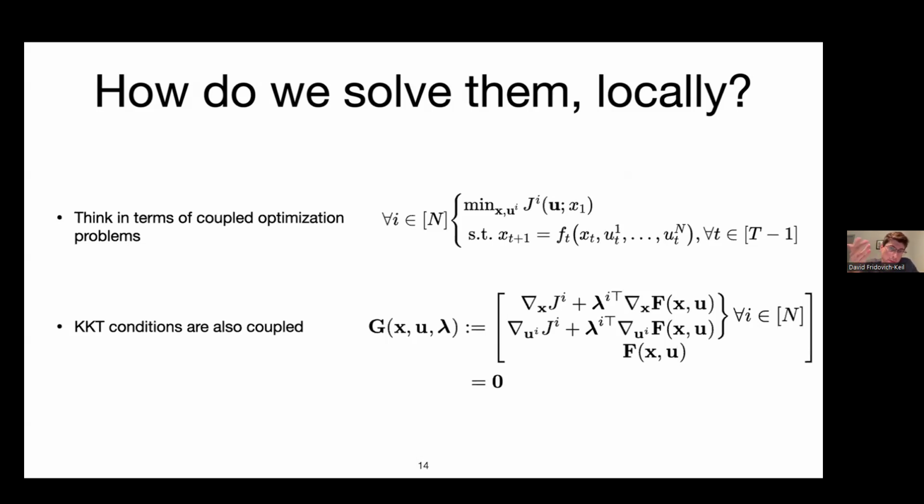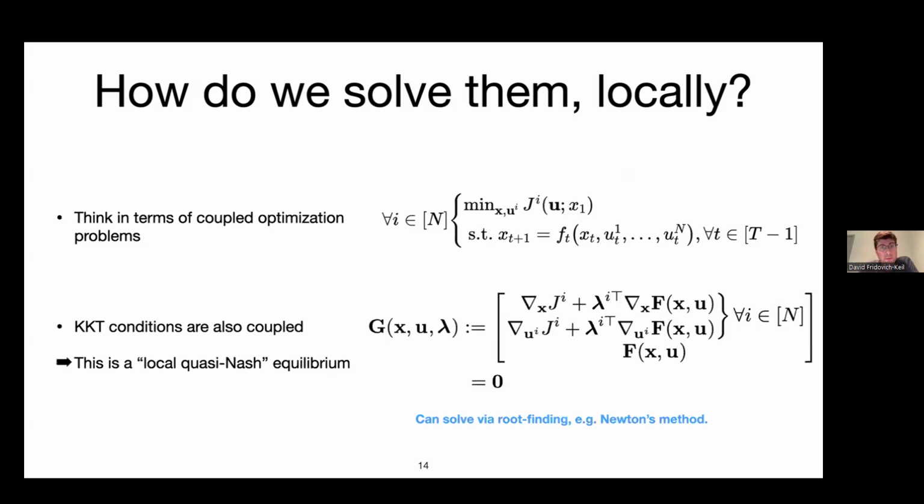There may be some curvature issues, some second order sufficiency problems, but at least to first order, when player one looks out and fixes everybody else's decision, player one is happy because they're at a first order stationary point. So you can find a root of G with any root finding method you like. Some variant of a Newton method would be good.